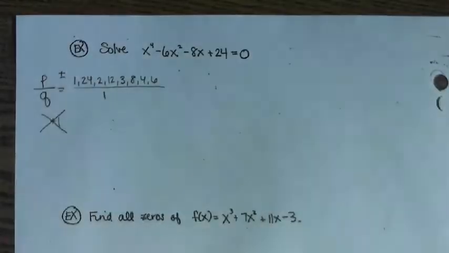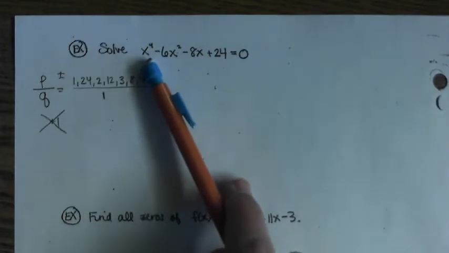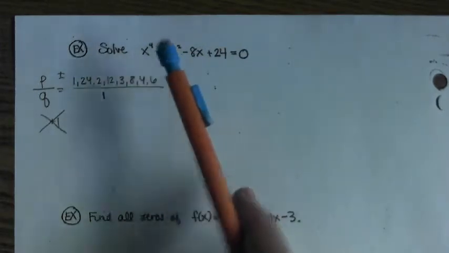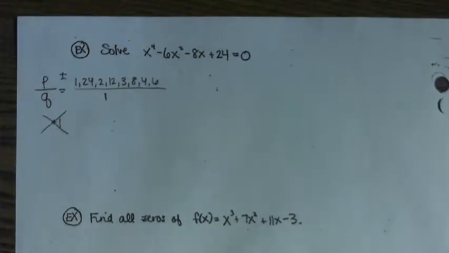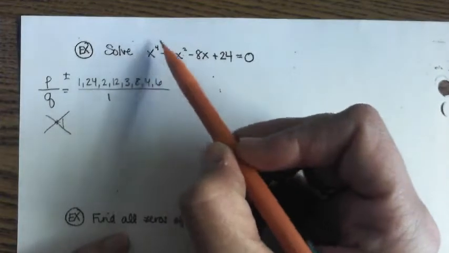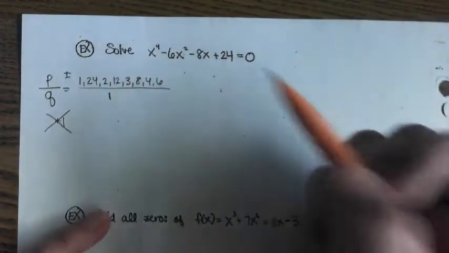Okay, so I'm going to keep a tally of what we've checked. How about negative 1? Sometimes when you're plugging it in, it makes you a little more nervous that you're going to make a mistake because you're doing it in your head. But obviously it can be done, whatever you're comfortable with, or we can do synthetic division with negative 1.